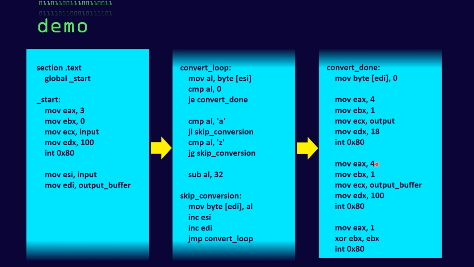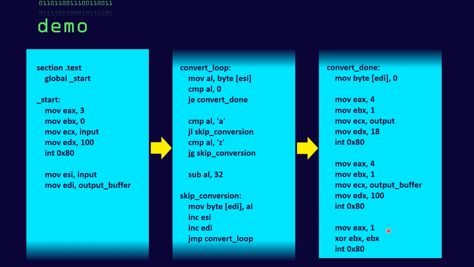And again, we are just telling the computer, hey, we're going to write something, and we're going to write something to the screen, and then this is the variable that we're going to write, and this is the length of the variable. And then we're telling the kernel, hey, do your thing. Last but not least, we are then moving the value 1 to EAX, which is just telling the computer, hey, we're exiting this operation.